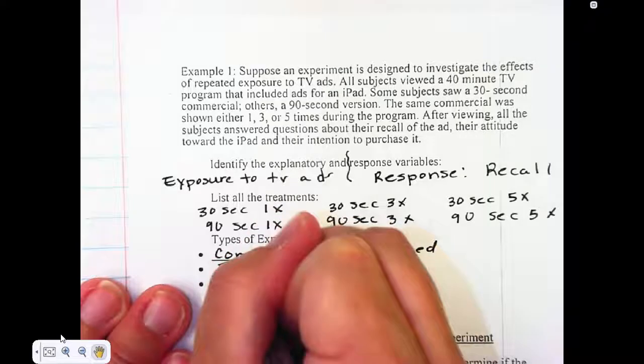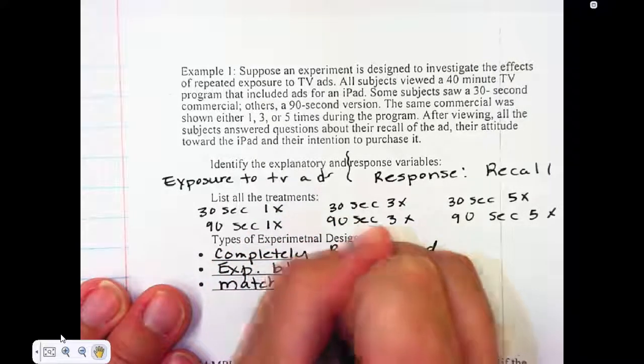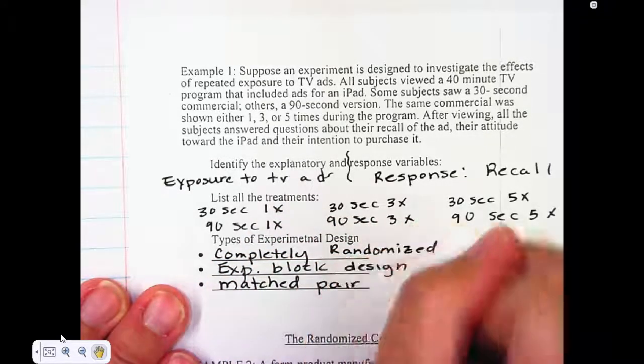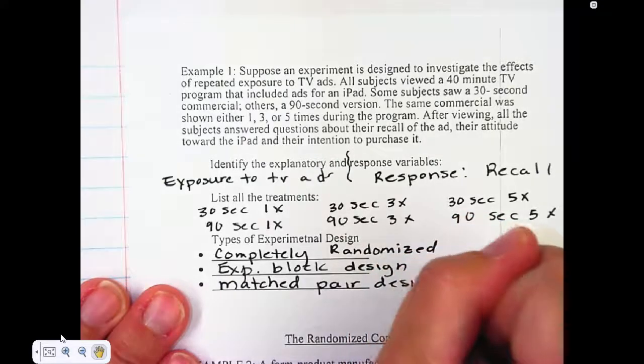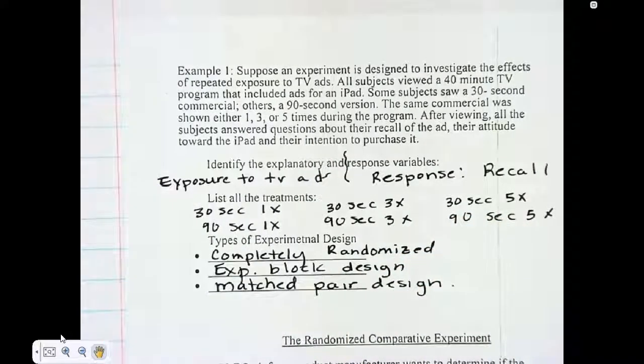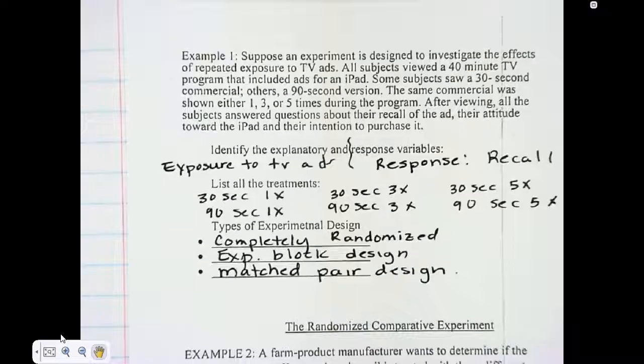And the third is the matched pairs design. We're going to go ahead and just talk about the randomized comparative design in this one, and then we're going to move on.